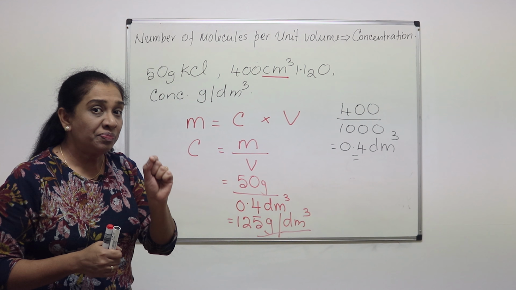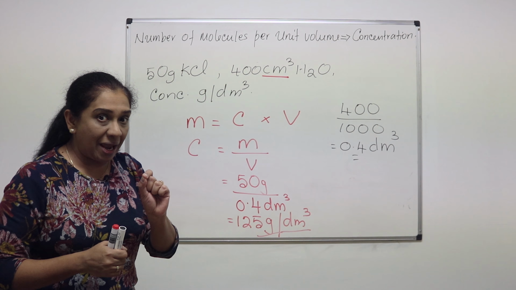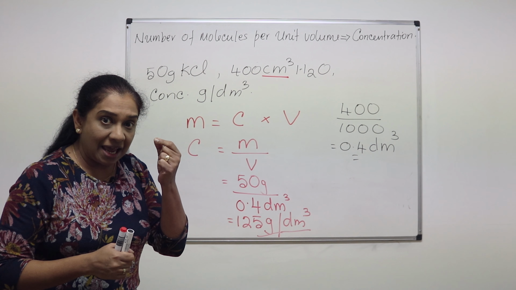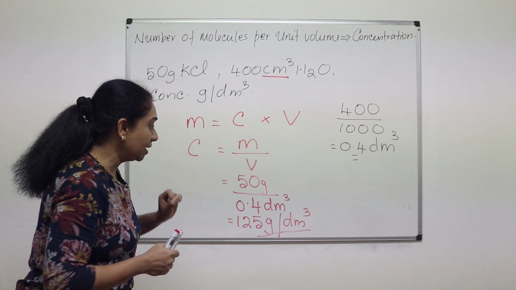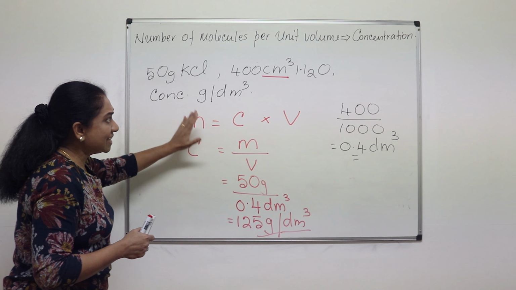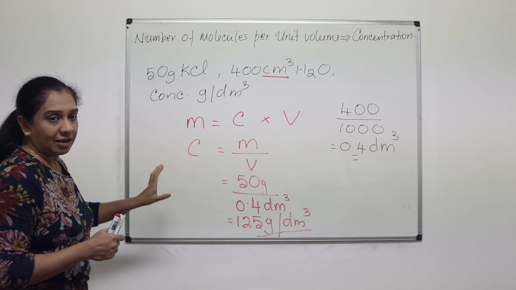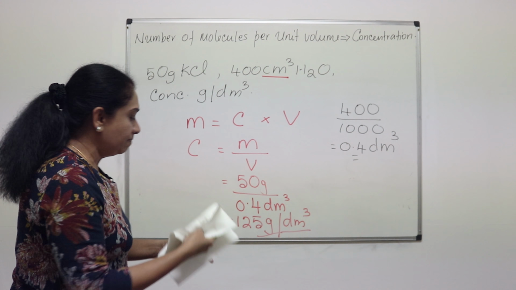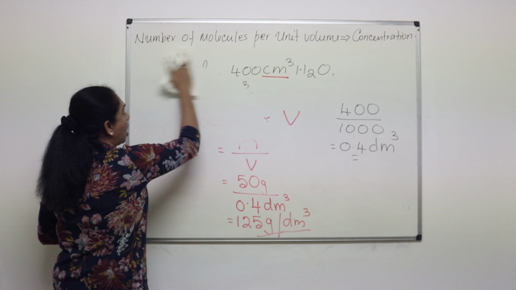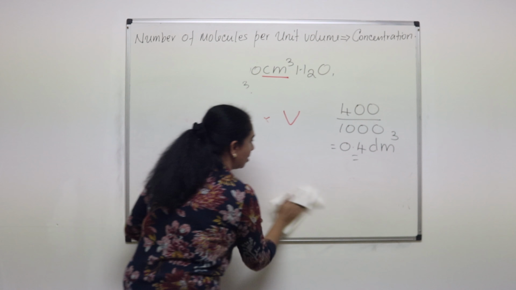This is a very simple way to keep in your head, not to make any mistake on writing the unit, guys. So this is one of the examples that I have shown. Now we will move on to the second example. Let me show you how to solve another problem.